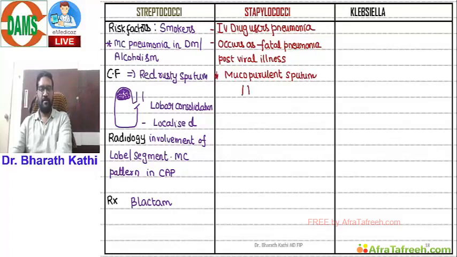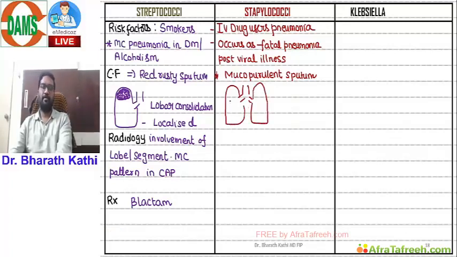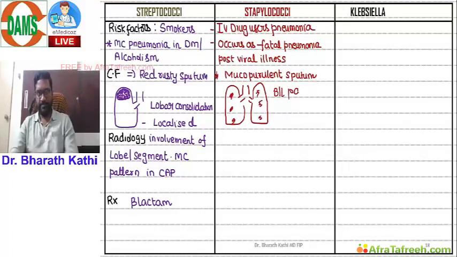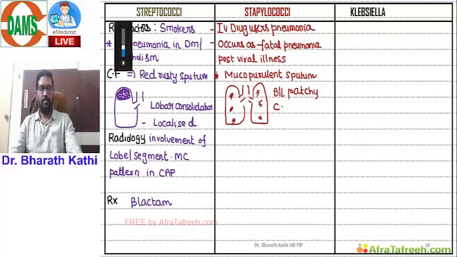On the chest X-ray, we have discussed last time something called bronchopneumonia. There will be bilateral patchy consolidation.